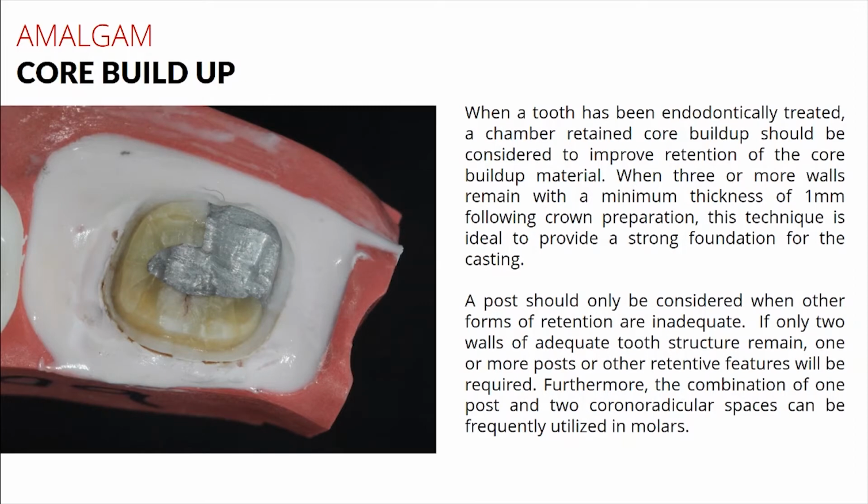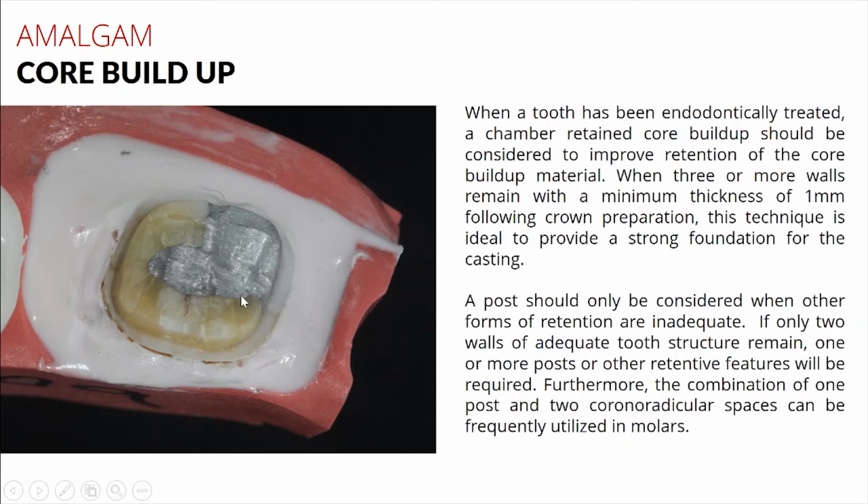Here's an example of a tooth that has already been built up, and we're using this chamber retained amalgam buildup to build up that tooth structure, so now it can help with the axial wall height for the retention and resistance form of a crown. As you can see, we packed this amalgam in and let it set.